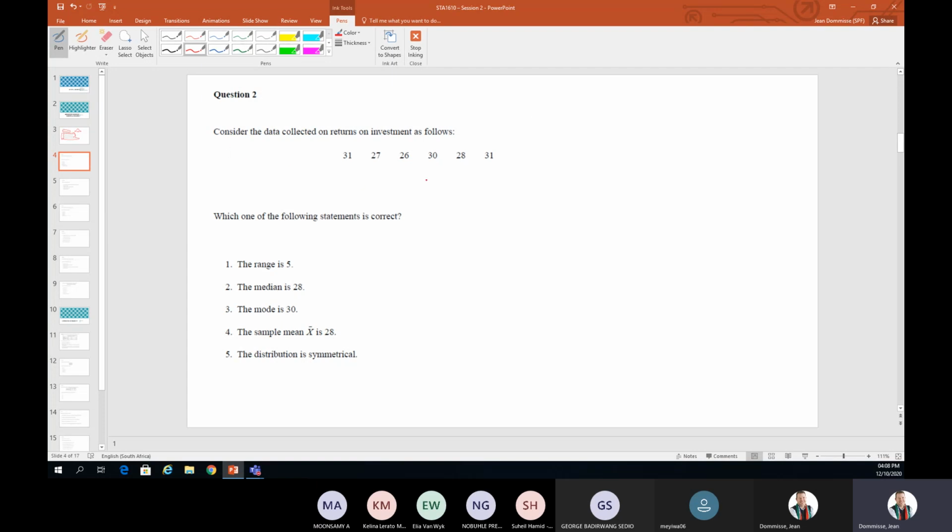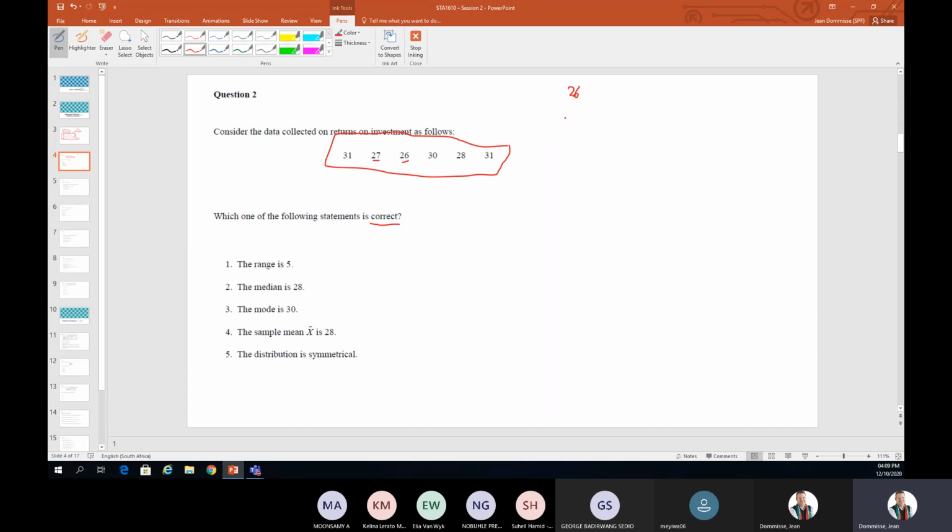So they tell us there's a collection of data points, and then they start asking us a few questions, and they ask which one is correct. The first thing you need to do when you get this data is to arrange it from smallest to highest. The smallest number is 26.